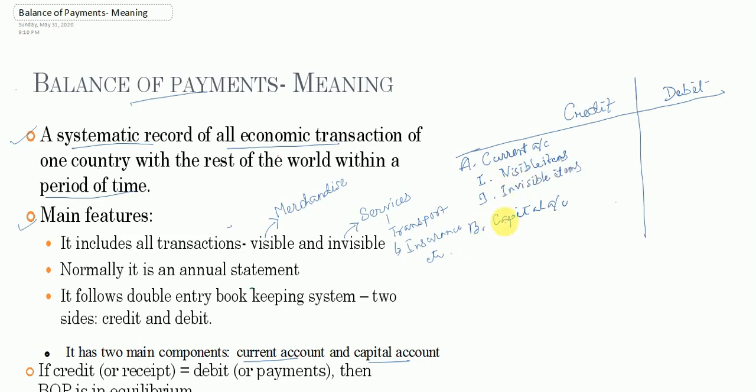And under capital account, the main subcomponents are the foreign capital, the loans, and rupee debt service, etc. Then it is written like this. This is the credit side and this is the debit side. This is how a balance of payment is represented in a standard way.